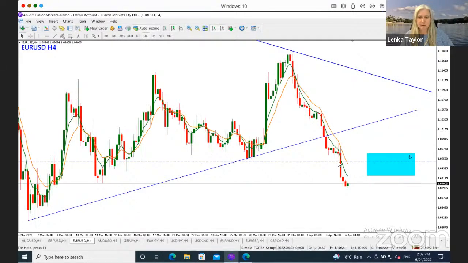If it keeps flowing down, then perhaps I will just enter in as a continuation of that trend. So we will see if there is any pullback to that blue dotted line that I've got on the screen, then that would be great. Let's see what that price action looks like in a couple of hours.